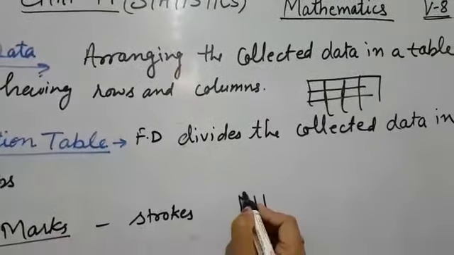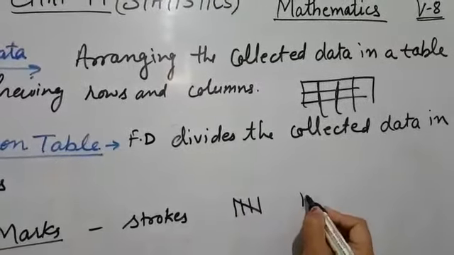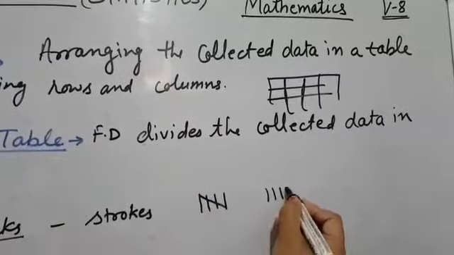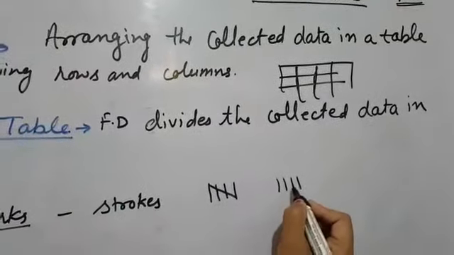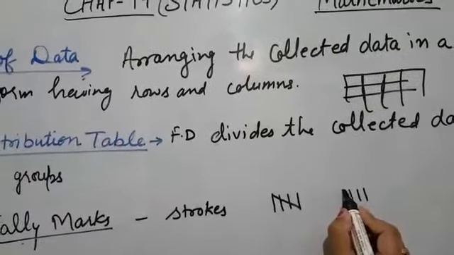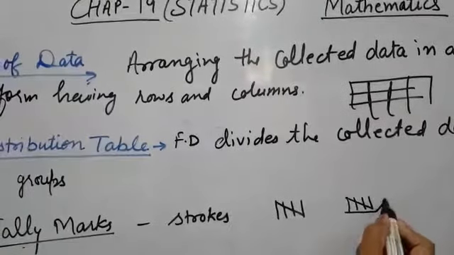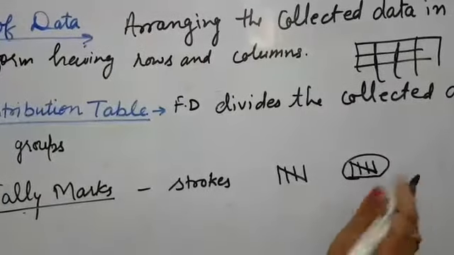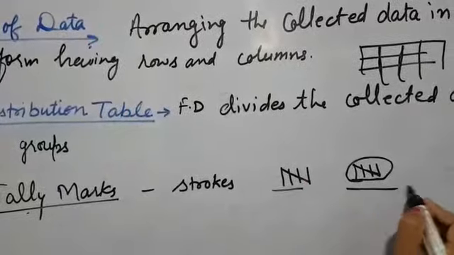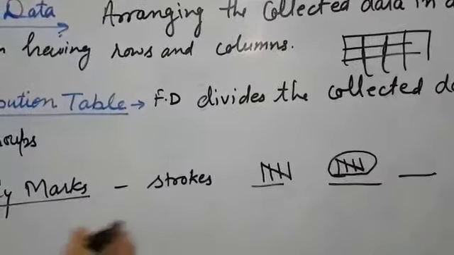For each frequency which is occurring again and again in the given data, we keep on putting one stroke, two strokes, three, four, and for the fifth we put one diagonal from the top to the bottom, cutting all four strokes. So we divide the given data in groups of 5. It makes our calculation very easy.